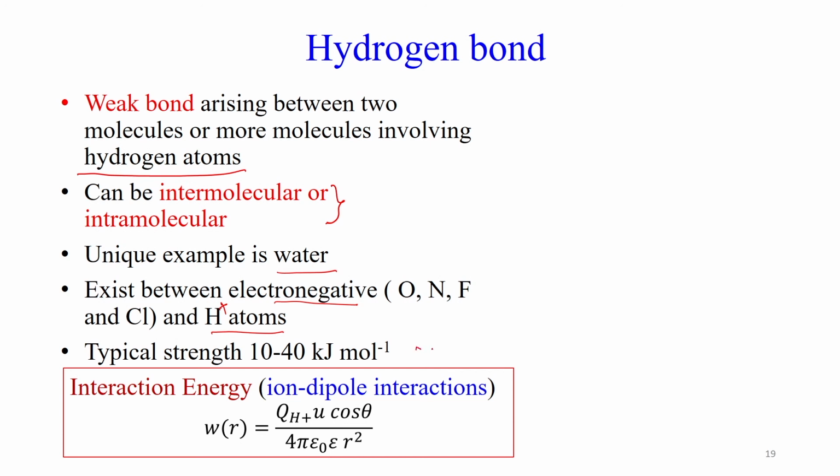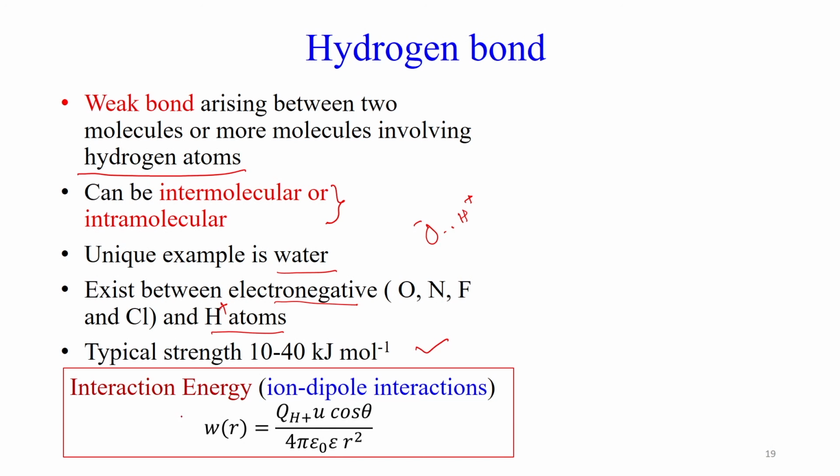The typical strength, as we said, is a weak bond; it varies between 10 to 40 kilojoule per mole. So, the interaction energy for hydrogen bond formation is calculated. If you see how it is forming, the hydrogen bond is O-H with the negative end, so it is a sort of ion-dipole or dipole-dipole interaction.